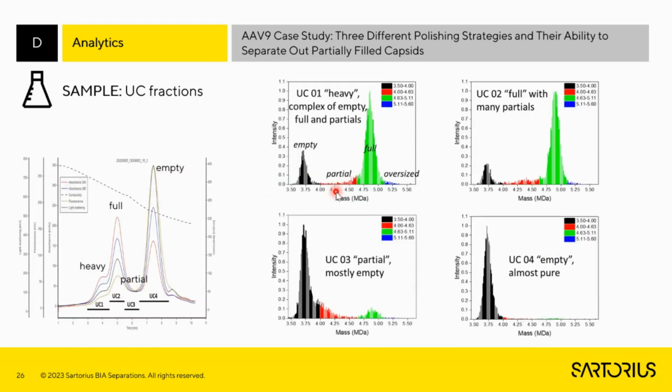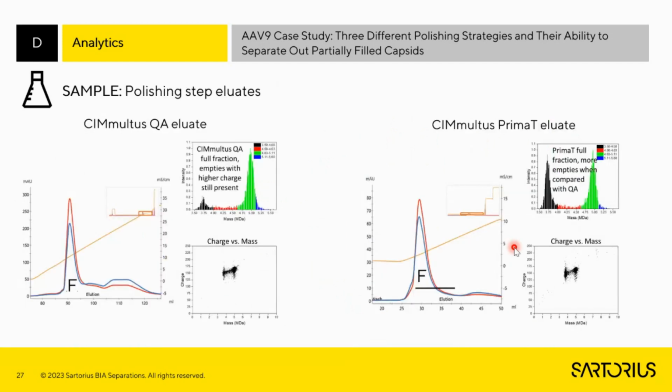Next in line, we have the ultracentrifuge fractions, and we see that the heavies are predominantly heavy capsids, but we have some full, some empties, and some partial capsids. The full fraction is predominantly full capsids. The partial fraction has concentrated partial capsids and also mostly empty capsids, whereas the empty fraction has mostly empty ones.